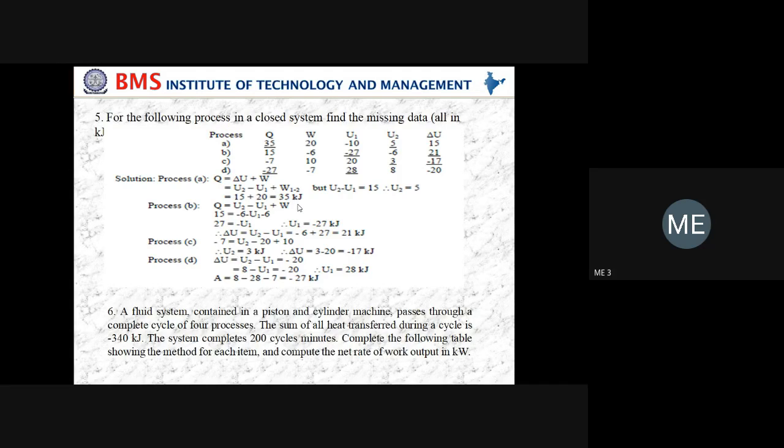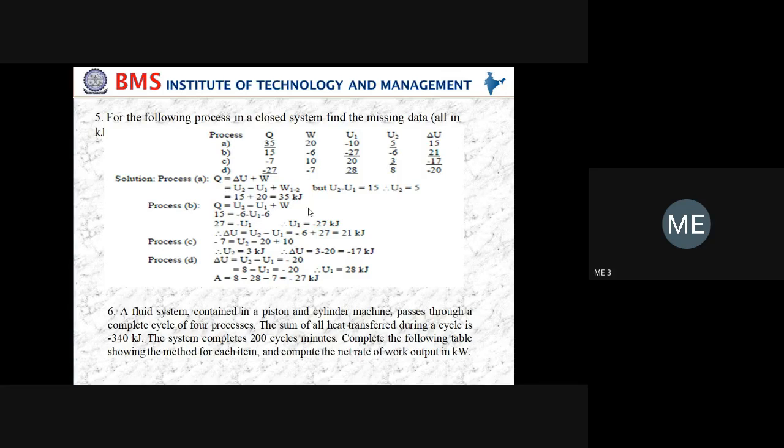Similarly, you have to apply for process B. Apply U2 minus U1 plus W. Then you have to write the given quantities. Q is given as 15 kilojoules, U2 is given as minus 6, and U1 we have to find out, and W is also given.